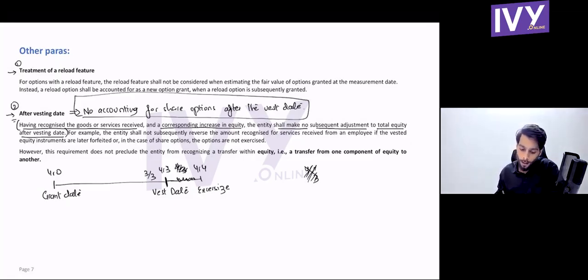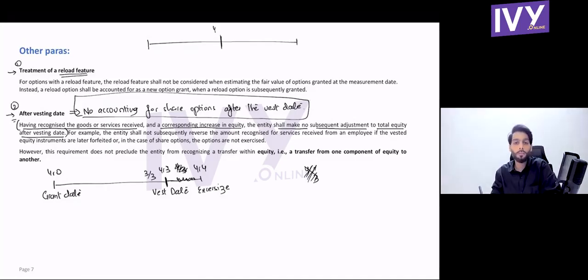All right. Now I'll tell you what your standard says about a reload feature. Now what do you mean by a reload feature? There can be a scenario in which, for example, you have an original share-based payment agreement with your employee for 3 years. You say to your employee that if you work for 3 years, I'm going to give you, for example, 1,000 shares as a share-based payment.